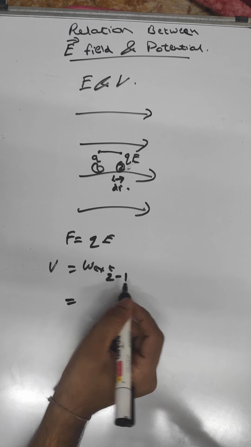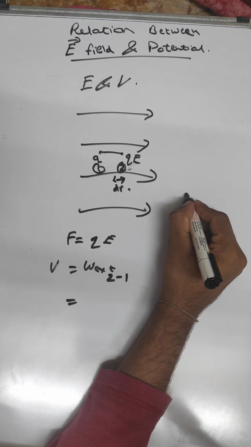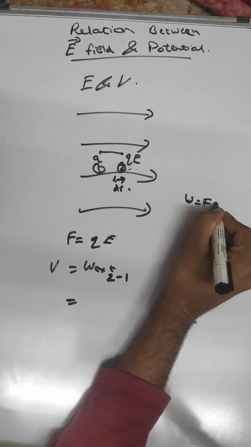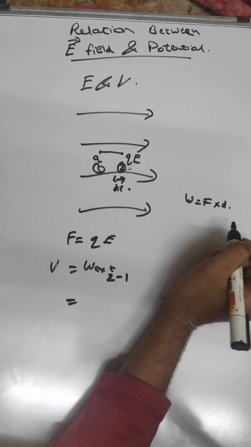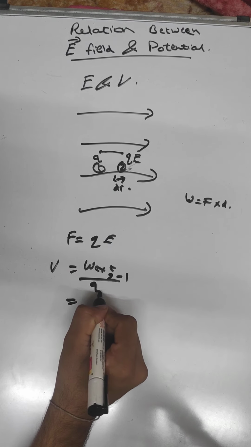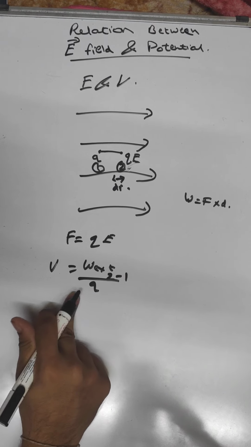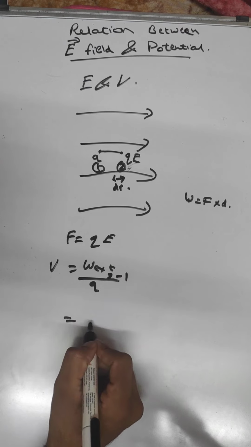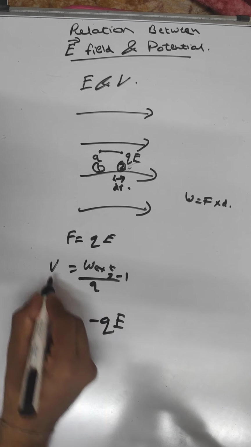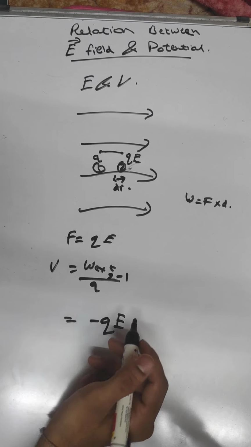What will be the formula for work? Work is equal to force into displacement, and per unit charge, the charge which you want to bring. So the force we know is minus QE, because the potential is in the direction opposite to it.